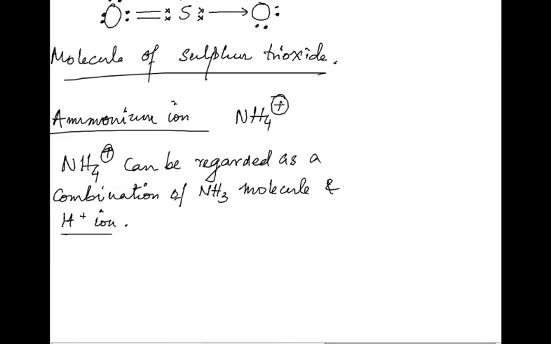In the ammonia molecule, the 3 hydrogen atoms are linked to the nitrogen atom by covalent bonds. We all know that ammonia has a pyramidal shape, as we have already discussed.